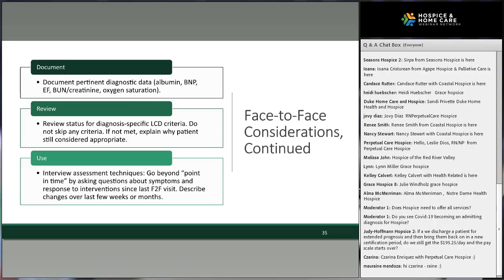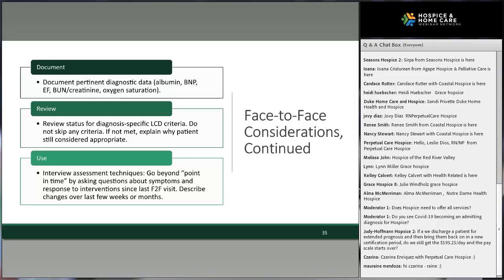We might be looking at albumin levels. We might see oxygen saturations that are getting worse. We might see kidney function with our BUN and creatinine getting worse. Our ejection fraction with the heart might be getting worse. So it's really important to pull together any of that information in a face-to-face to help support the eligibility.